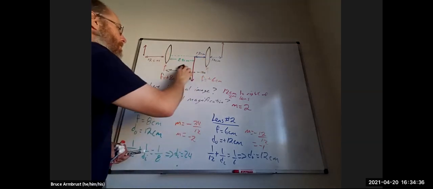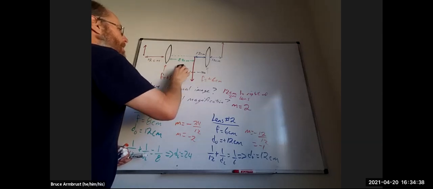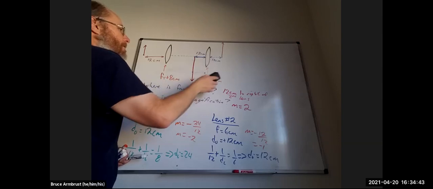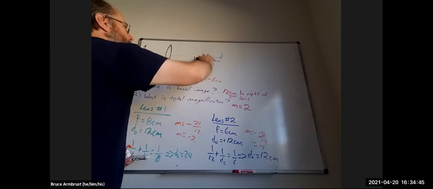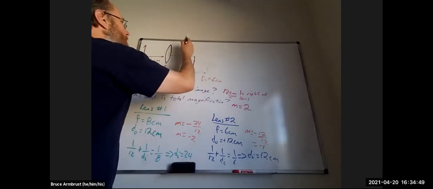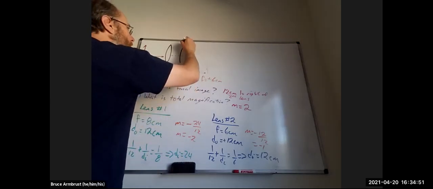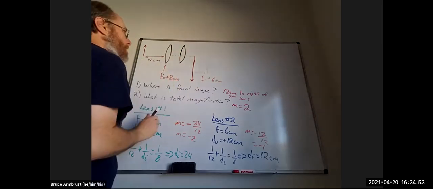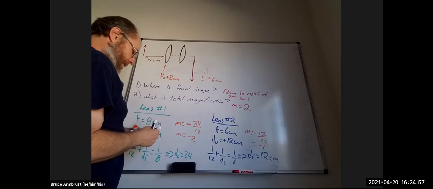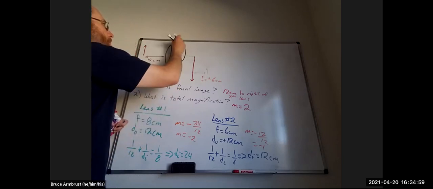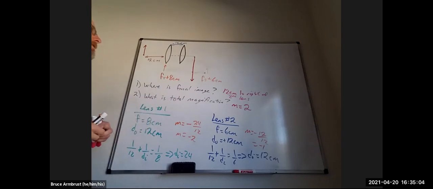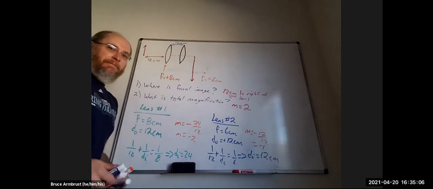Here's what we're going to do. We'll save most of this, but let's bring that second lens so that it's in here. And just to get a nice number, let's change it so that they've only got a 12 centimeter separation.